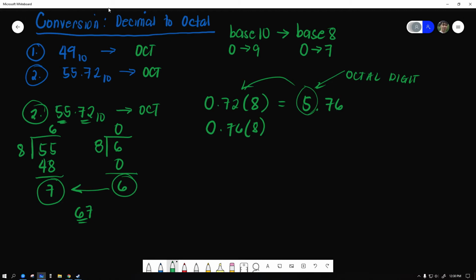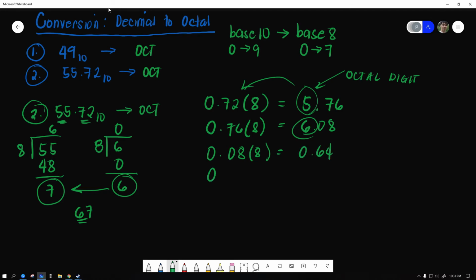Then 0.76 times 8 is equal to 6.08. And then you have 6 now. And then the fraction part only, 0.08 times 8 is equal to 0.64.